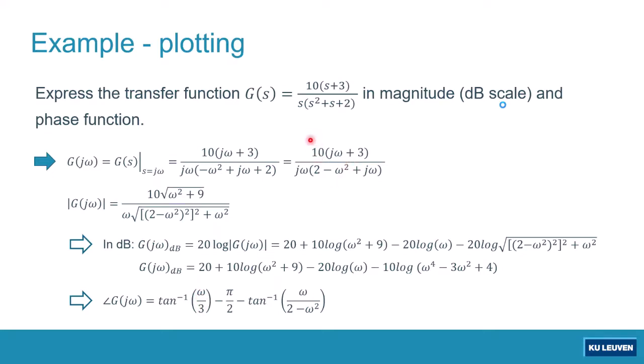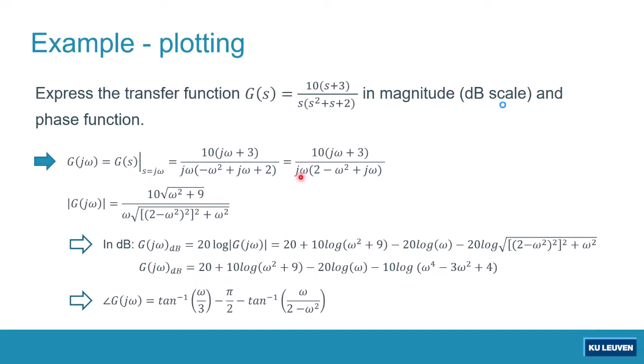Of course, I can neglect the angle of the constant here, 10, because the angle of a real number is simply equal to 0. And then minus the angle of j omega.